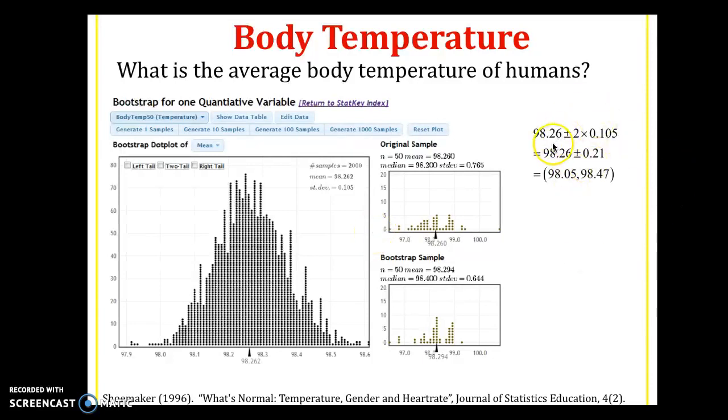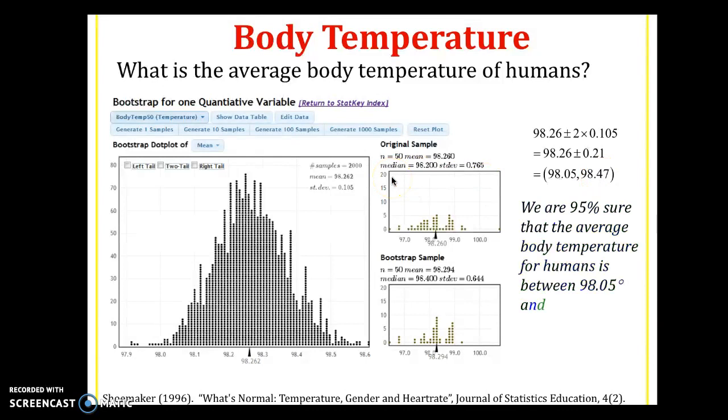So on the side here, we're going to go through how we would compute a 95% confidence interval. We're going to take the sample mean, which is 98.26, and we're going to add and subtract 2 times the standard error. And the standard error is the standard deviation of the sampling distribution. So add and subtract 2 times 0.105, and we get a lower bound of 98.05, and then add this 0.21 to get an upper bound of 98.47.